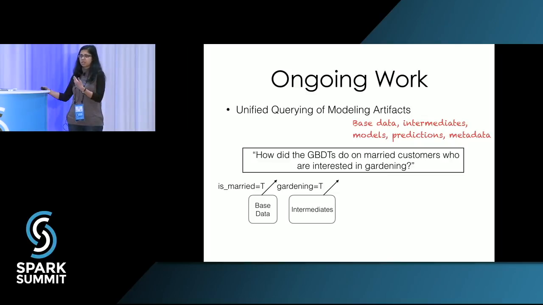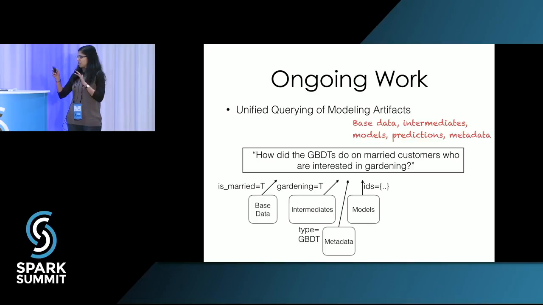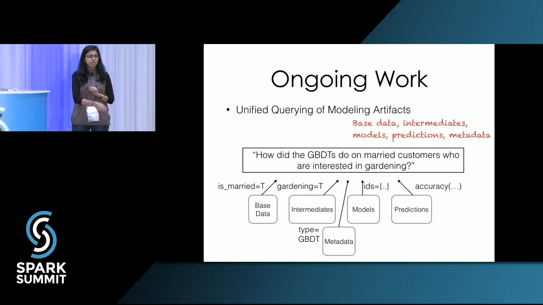Somewhere you might be dumping out the data, or maybe it's just an intermediate state which is cached in memory. Once you have that, you want to query the models and figure out which ones were GBDTs, because that's what you're trying to do. And then finally, you want to query the predictions to figure out how this model did, because I've actually kept track of how it did.